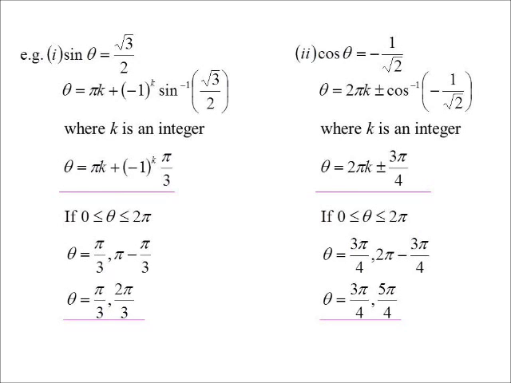Well, I don't want the minus one because we're just going between 0 and 2 pi. So I'll just have the plus 3 pi on 4. If I substitute in 1, I'll get 2 pi plus or minus. Well, in this case, I don't want the plus because that'll give me too many. So 2 pi minus 3 pi on 4. And there's our answers. So 3 pi on 4, 5 pi on 4. All right.